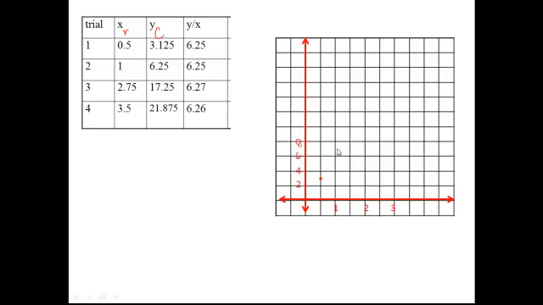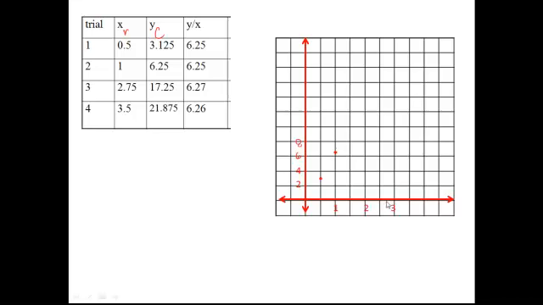I don't want to go to 7. 7 would be right in the middle. I want to go like a quarter of that. So there's about 6.25. Not the best plot. Then 2.75, so now I'm all the way over here.